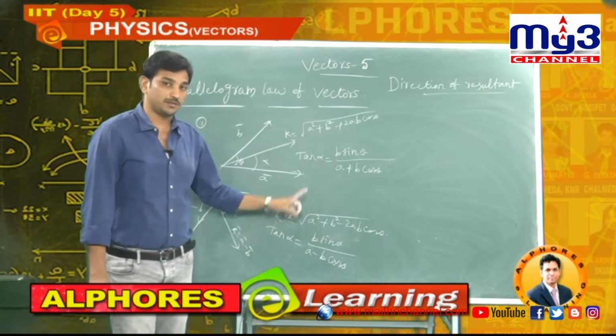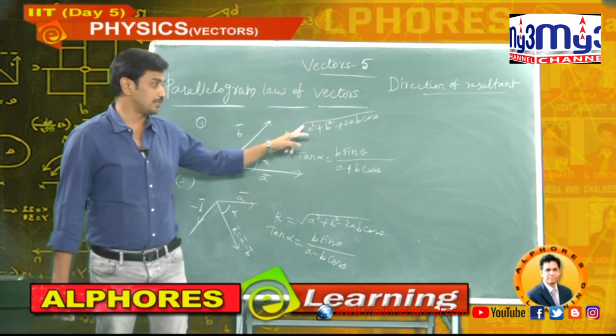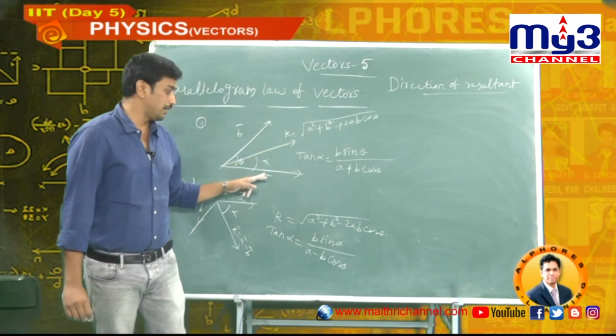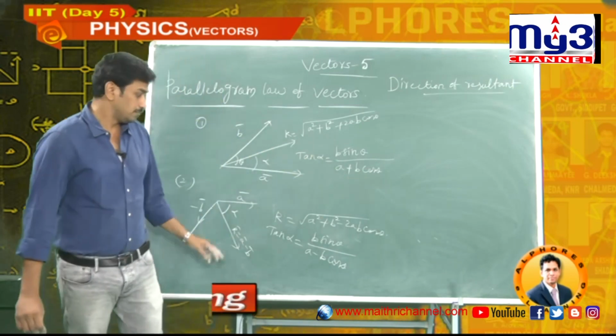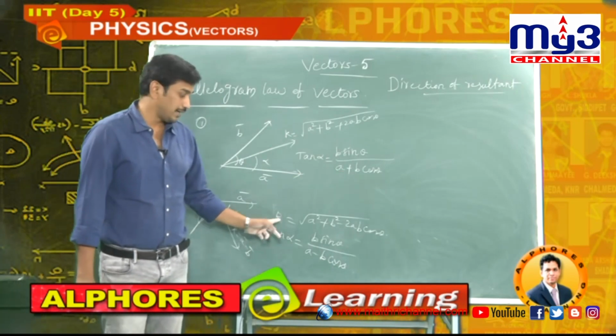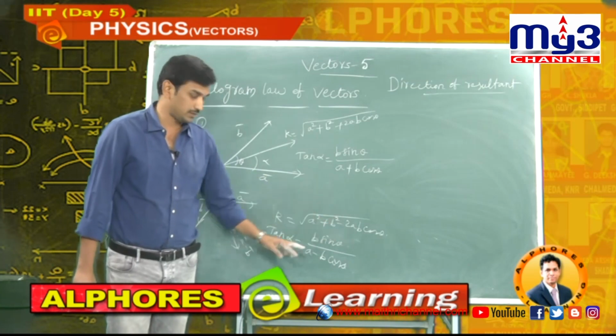So you should remember these four formulas. Resultant is a bar plus b bar, magnitude is this. Resultant is a bar plus b bar, the angle made by a bar with the resultant is tan alpha, that is b sin theta by a plus b cos theta. If the resultant is a bar minus b bar, then the magnitude of the resultant is root of a square plus b square minus 2ab cos theta.